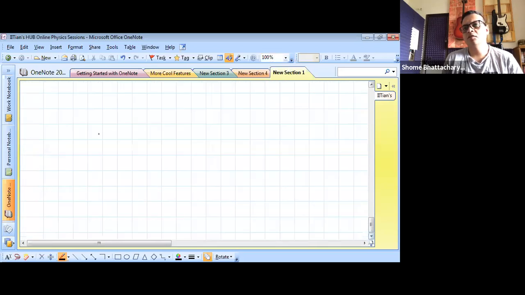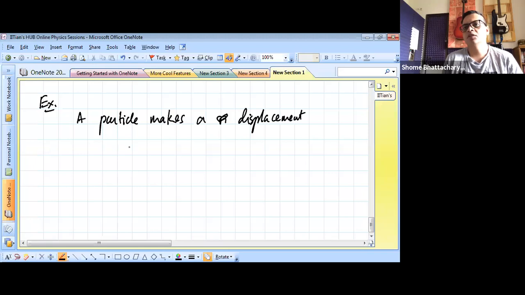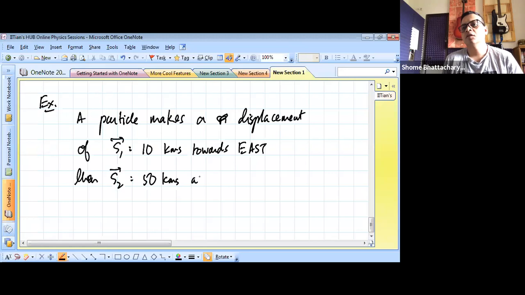So a particle makes a displacement of S1, which is, let's say, 10 kilometers towards east. Then S2, which is, let's say, 50 kilometers at 37 degrees north of west.